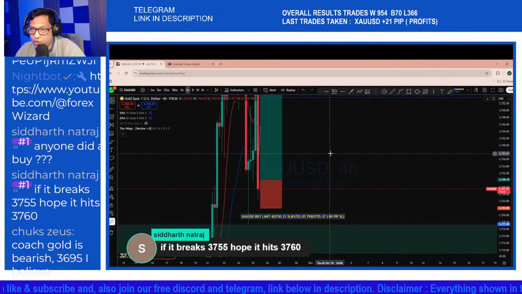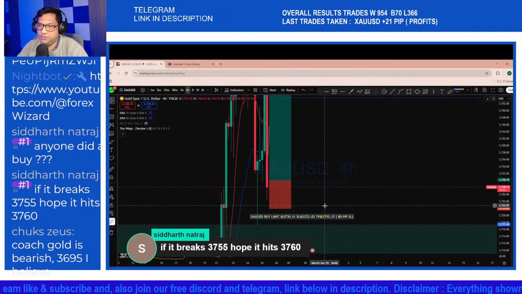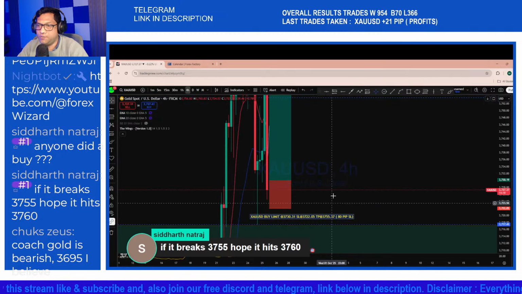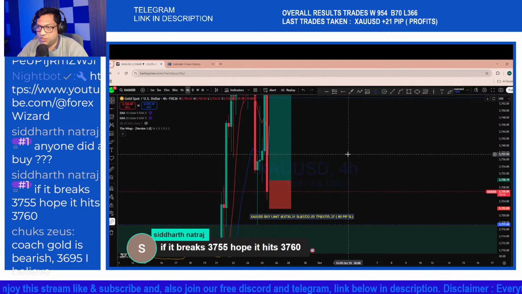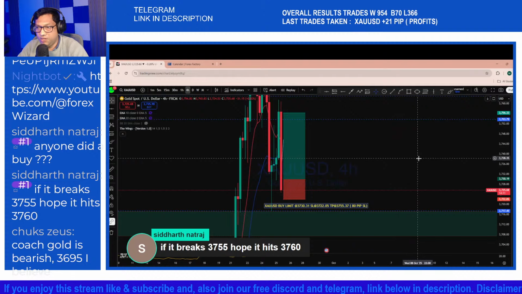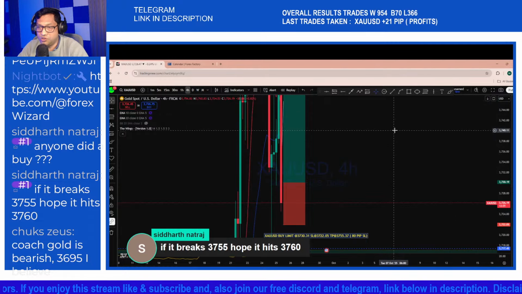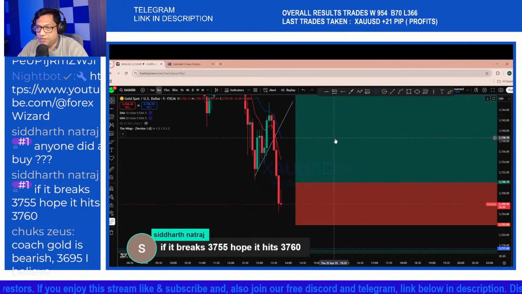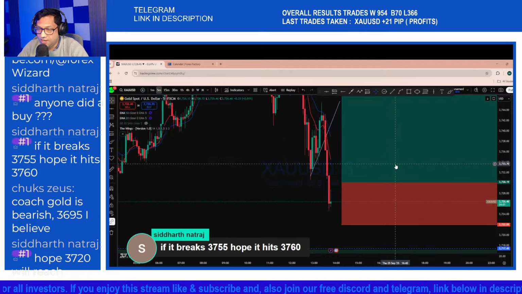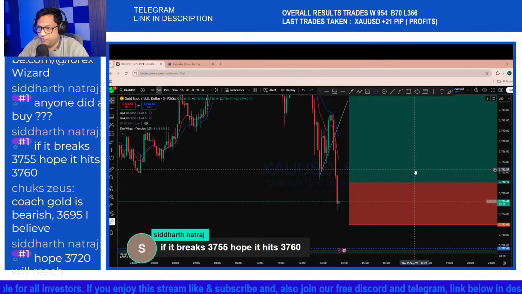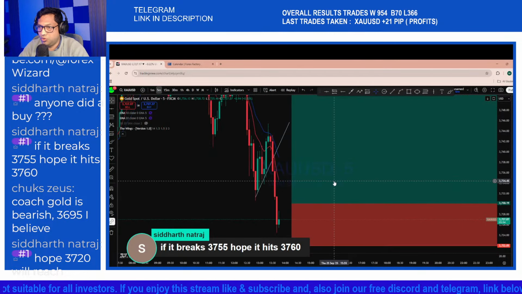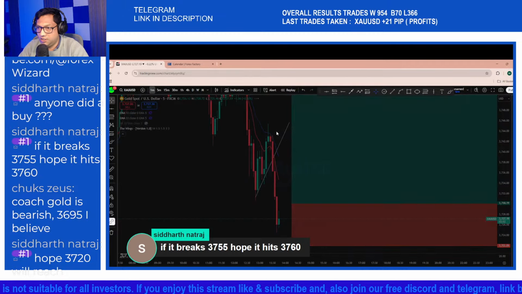From the 4-hour, if we look at it, this is a big drop here. Now before the candle close, can we expect a potential rejection back above here? This is a big drop on the 4-hour. It may still continue to drop and break that previous daily low, but depending on how the market structure is building now, if it gets a rejection here, this is a very low price for today, and we might see the market go ahead to retest the daily high.